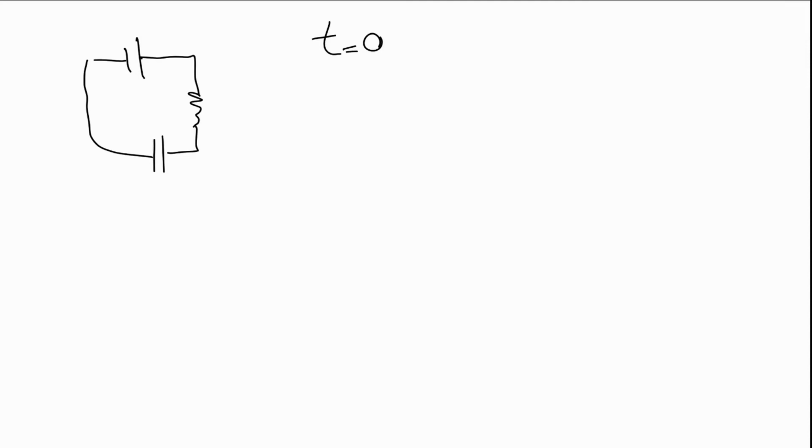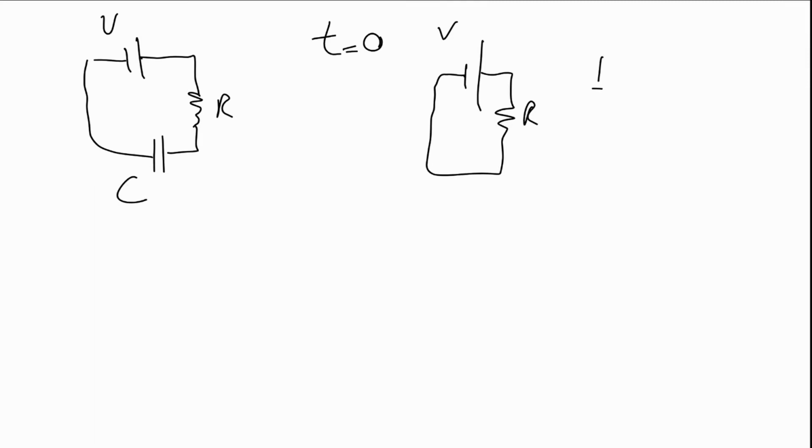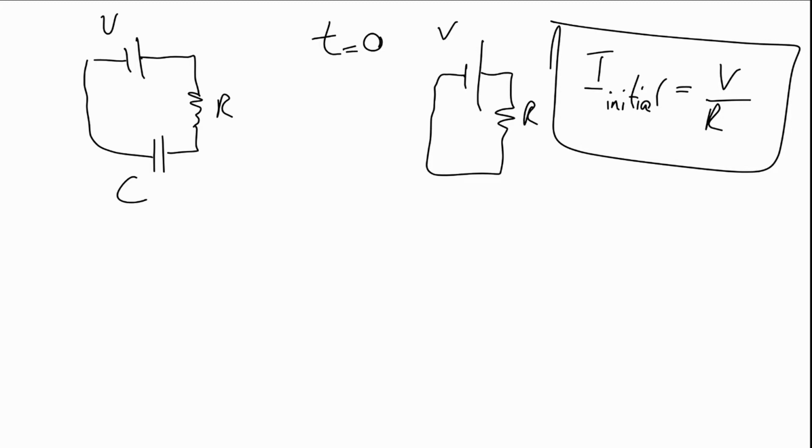At time equals 0, as we have just said, the capacitor would act like a wire. So this circuit would be simplified to something like this. And from the very basic formulas of the current, we know that the initial current is V over R.